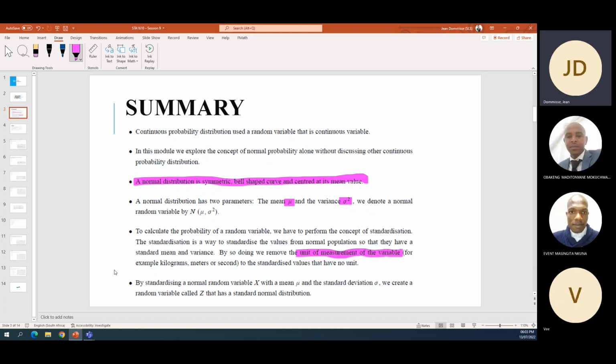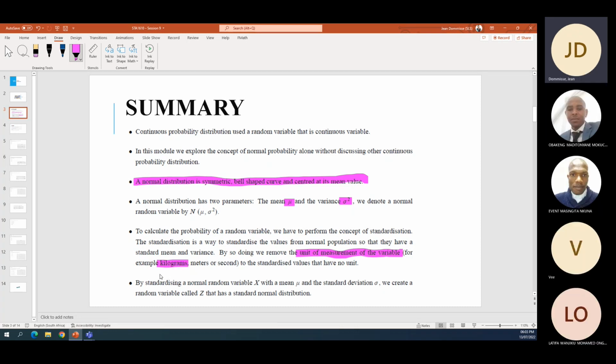We just need to make 100% sure that sometimes they give you one thing in kilograms and another thing in grams, so every time we need to make sure that the unit of measurement we work with is exactly the same.